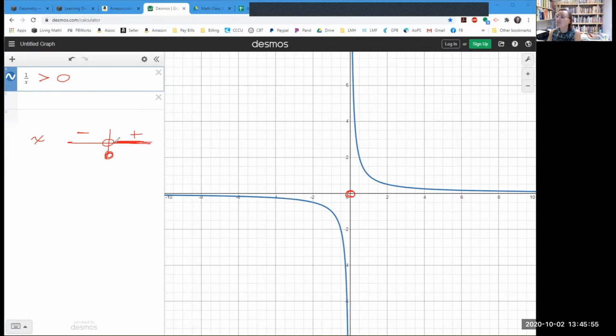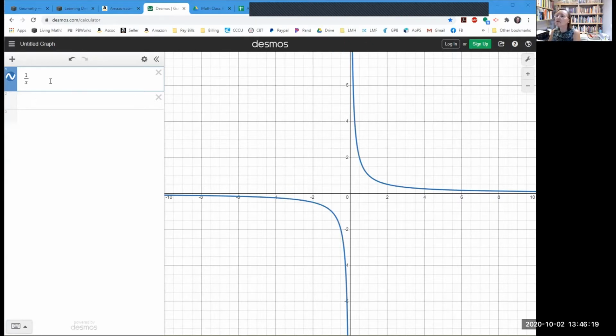So I could apply the sign chart mentality, but if you know what the graph looks like and you know what the function is, you can just logic your way through this. Everything that's positive is going to be to the left of 0. So that's the basic rational function, and it turns out that every one of these other rational functions is going to follow a similar mentality.